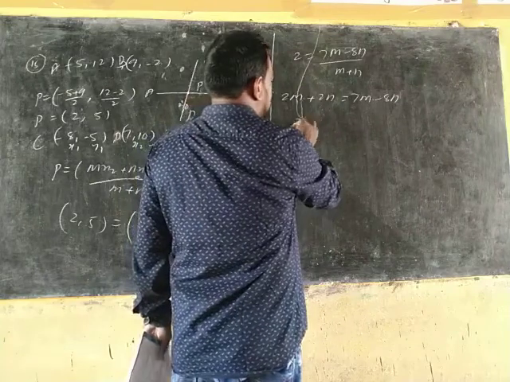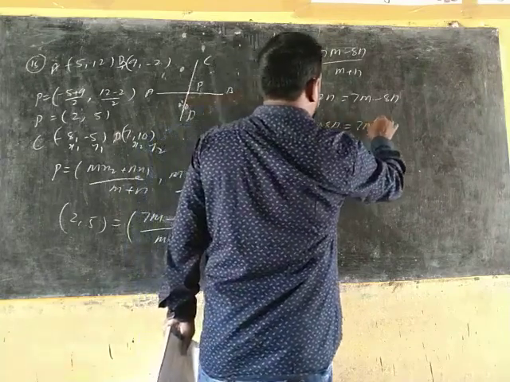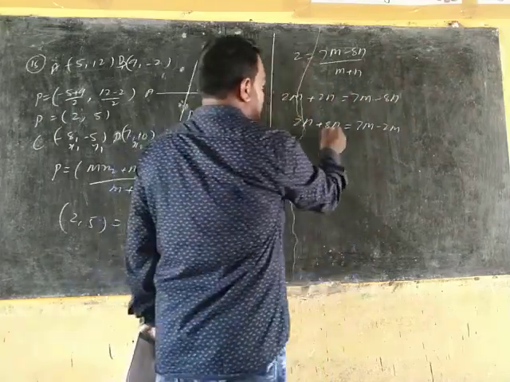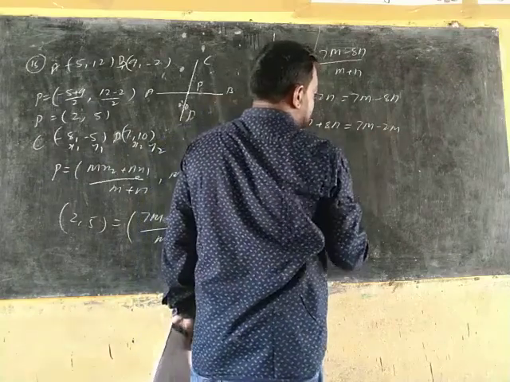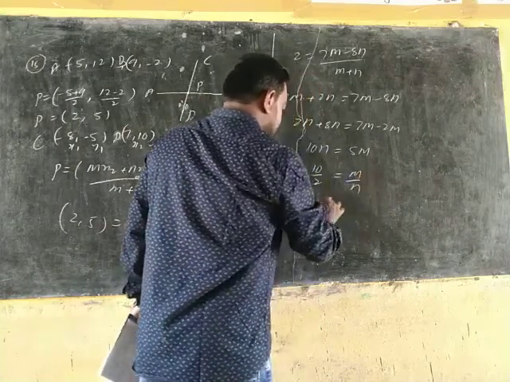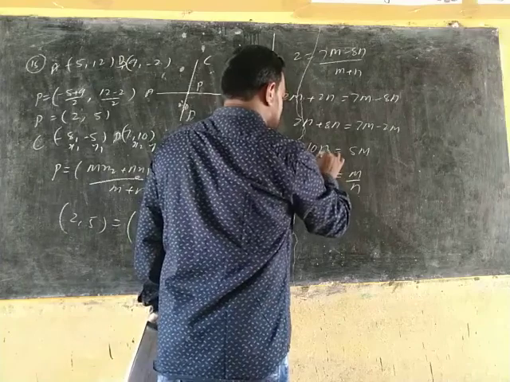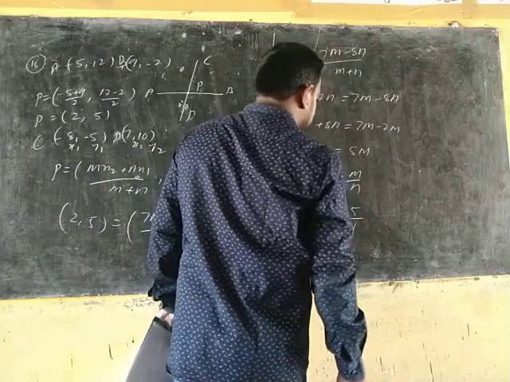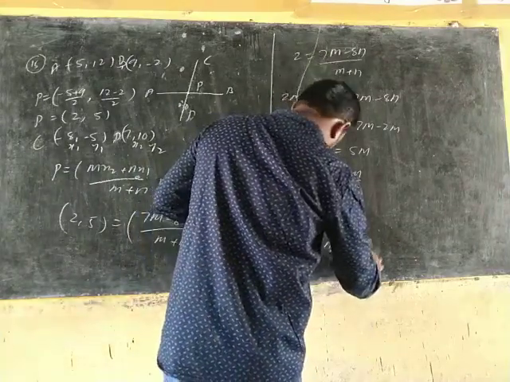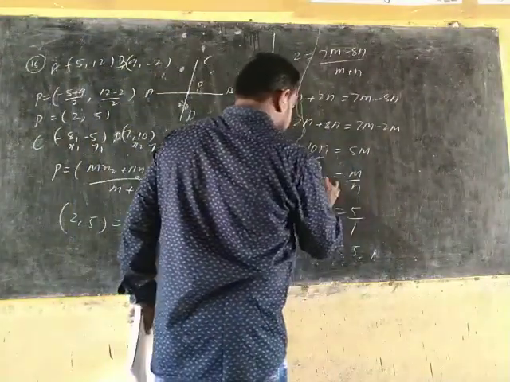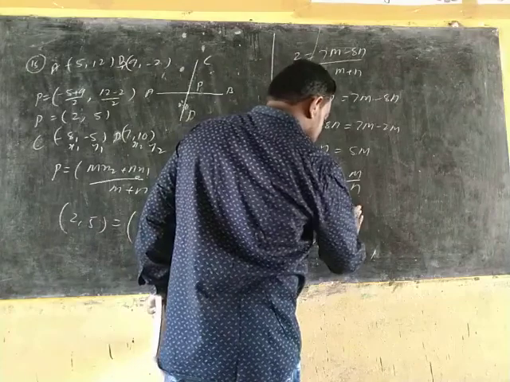That is 2n plus 8n is equal to 7m minus 2m. 8n is taken to the left side, 2m is taken to the right side. 10n is equal to 5m. So m by n is equal to 10 by 5, that is 2 by 1.